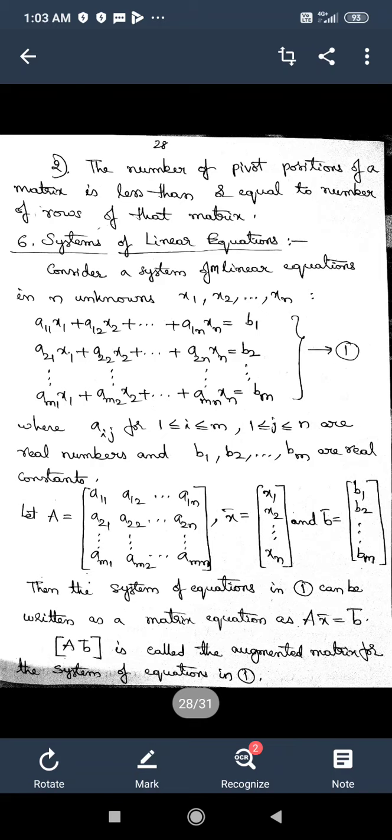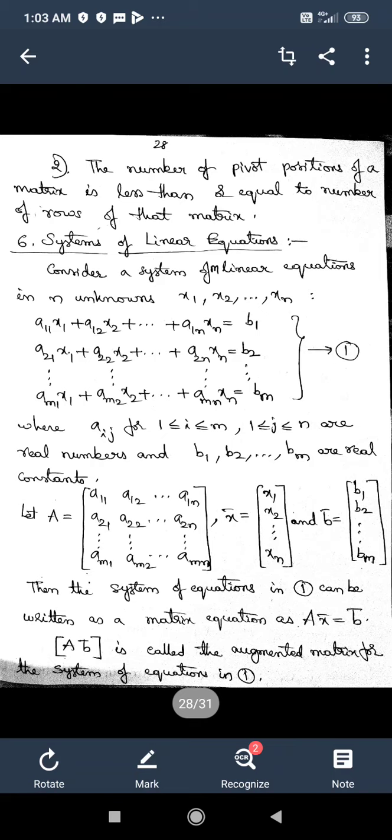And the sixth prerequisite for the topic linear algebra is knowledge regarding systems of linear equations. Systems of linear equations is not a new term to you.